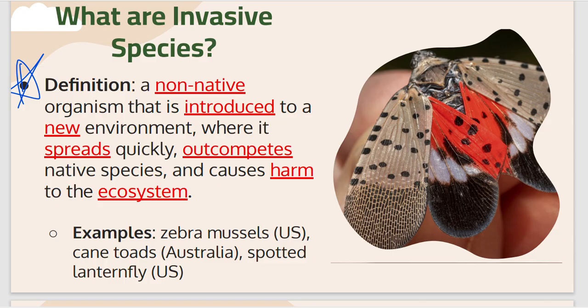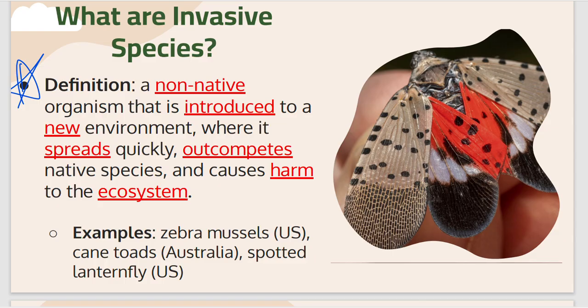They're able to outcompete and do better than the native species in that area because they don't have natural predators. There is nothing in that environment naturally built to eat them and keep their populations in check.